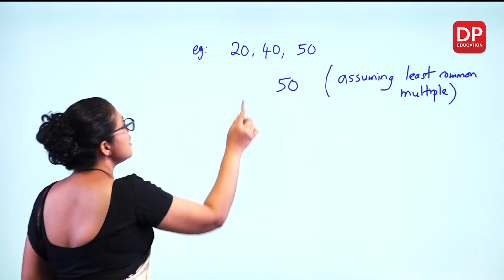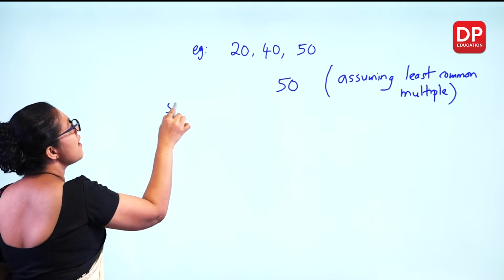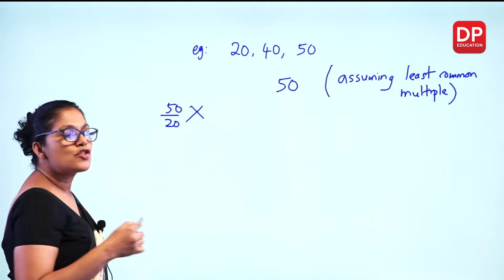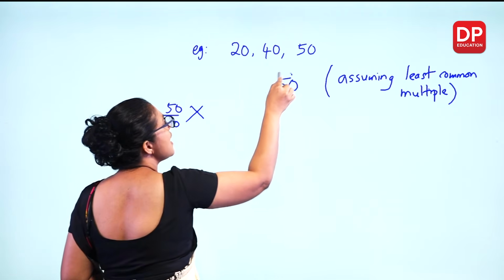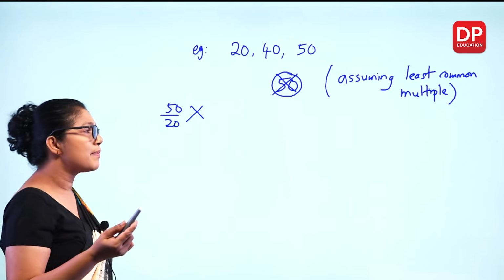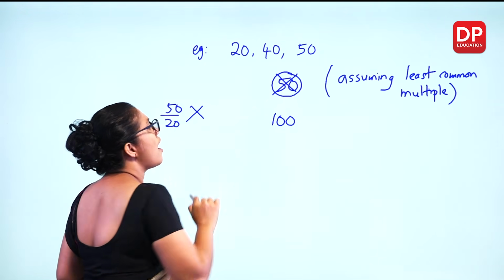That means this should be divisible by all these three numbers. 50 divided by 20? No, it's not divisible. So we can't take 50 as the least common multiple. What's the next multiple of 50? We can check with 50 times 2, 100.